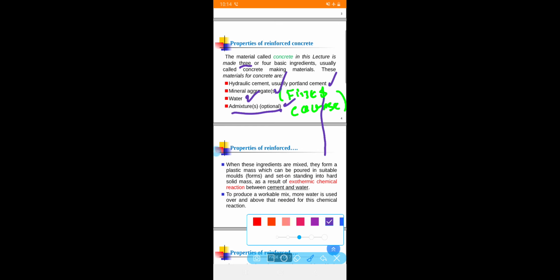When these ingredients are mixed, they form what's called a plastic mass, which can be poured in the place you need, in suitable molds. You can give that plastic mass whatever shape you require.